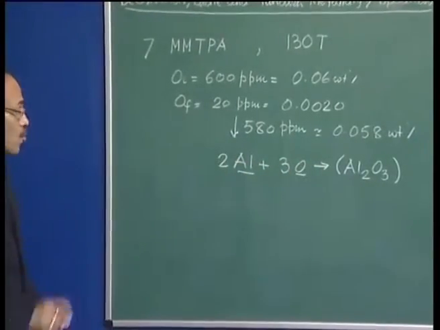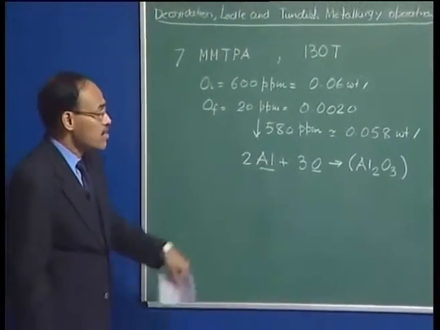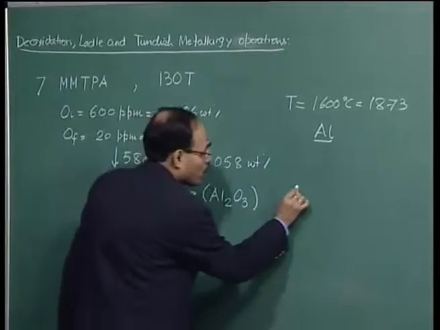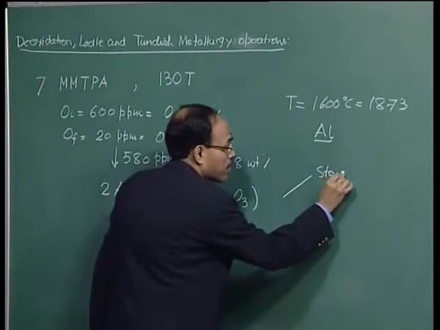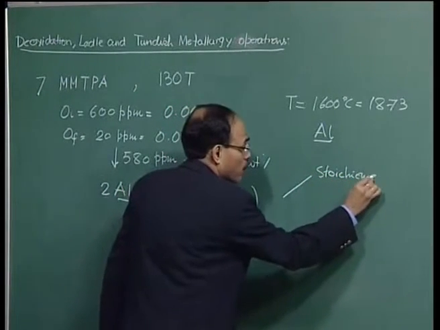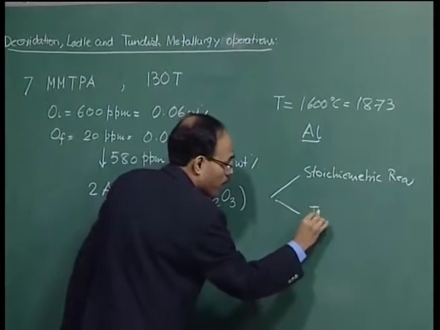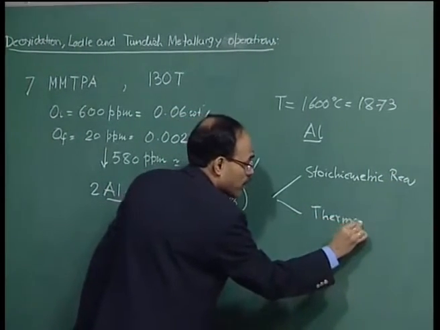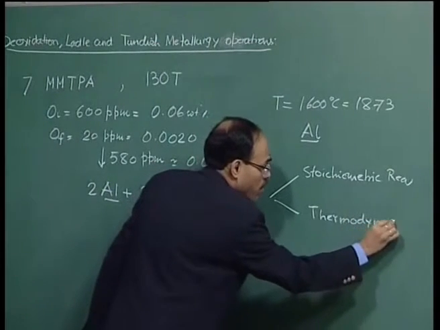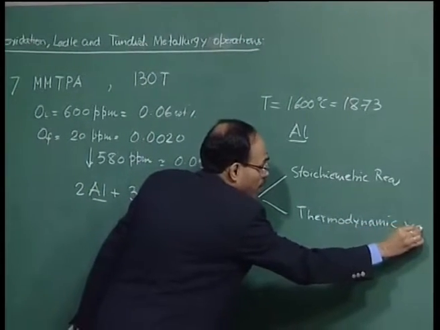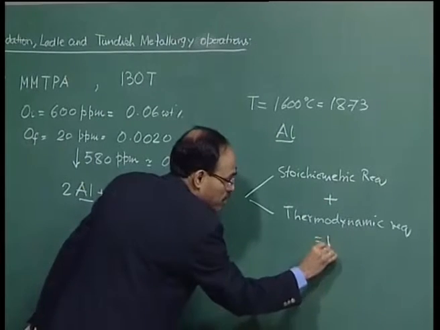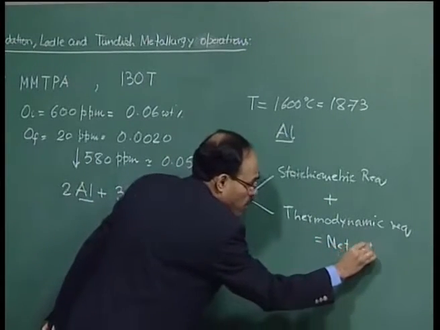And as I mentioned to you, as far as the reaction is concerned, the total requirement will be dictated by the stoichiometric requirement as well as the thermodynamic requirement. We have 2 components, and we will add them up, and together they will give us the net requirement.